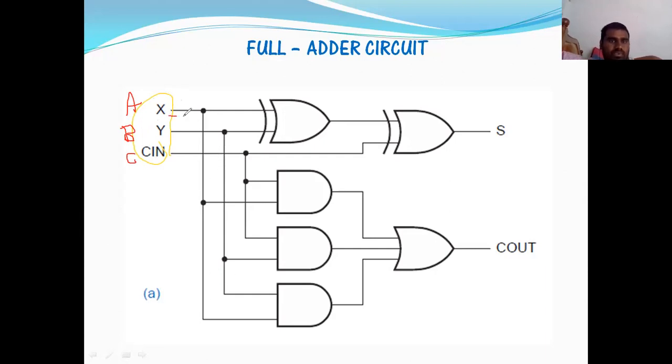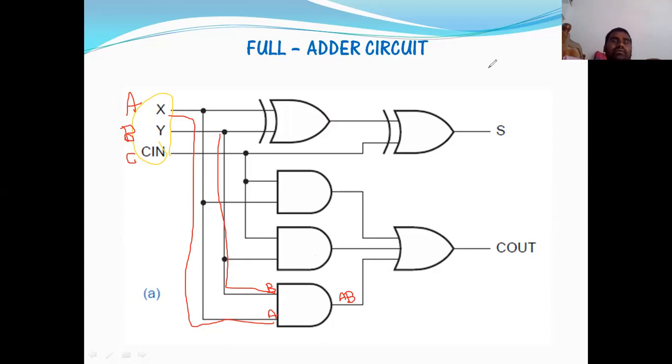This A is going here, so here we are getting A, and this B is directly connected to here. So this is B, and the output is AB.